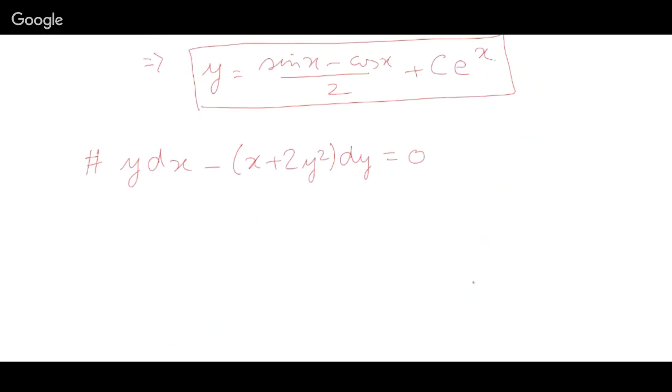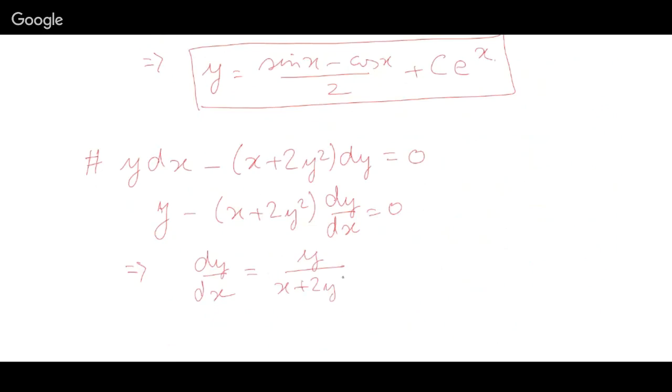So let us now proceed by finding out dy by dx first. So we divide throughout by dx. So what we get is y minus (x plus 2y square) into dy by dx is equal to 0. Hence my dy by dx is now equal to y divided by (x plus 2y square).